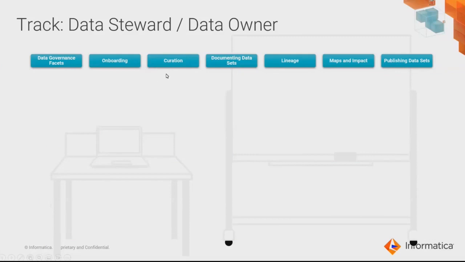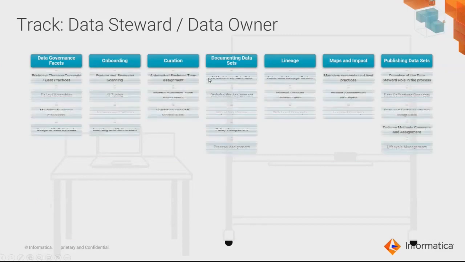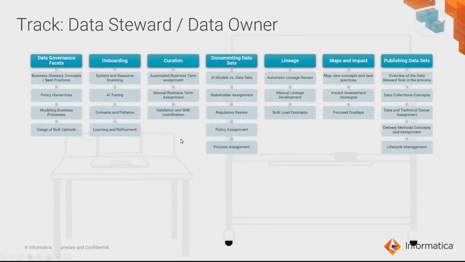The curation, fine-tuning those definitions, how you document data sets for staging them to publish. So that's going to be a key set of tasks. Managing lineage, managing impact maps, which are a key component as well. And so you see some of the subset activities here.